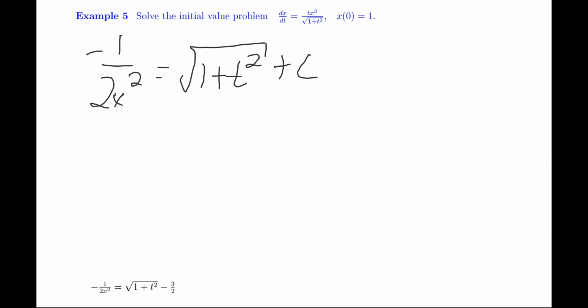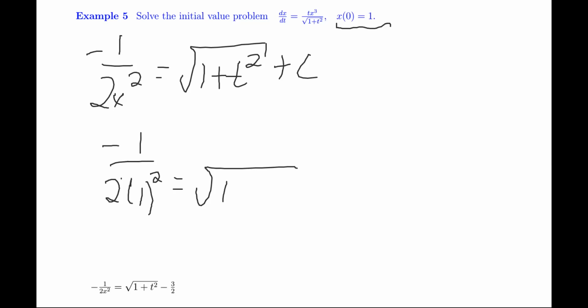We have that x of 0 is equal to 1. That means x is 1, t is 0 here. So we get negative 1 over 2 times 1 squared is equal to the square root of 1 plus 0 squared plus c. And we solve for c.